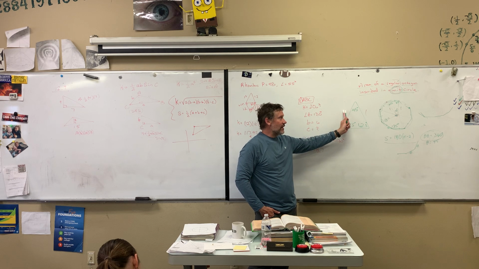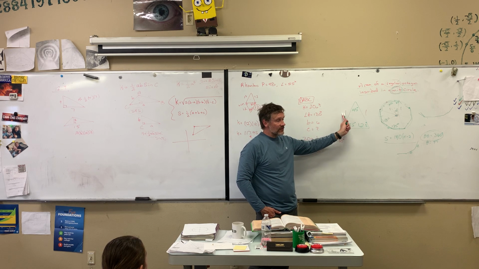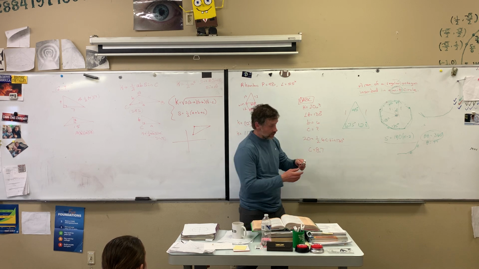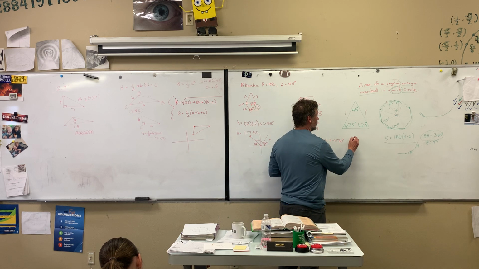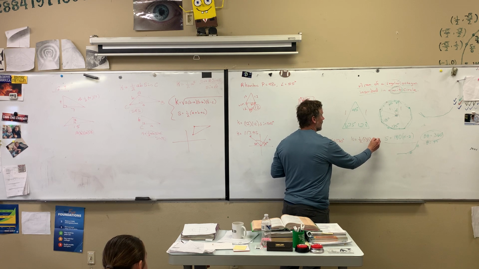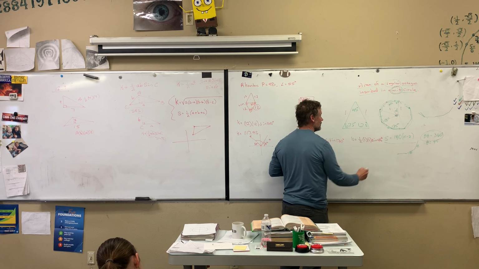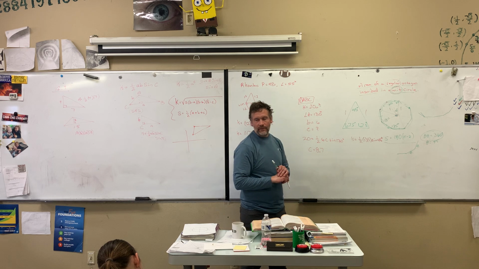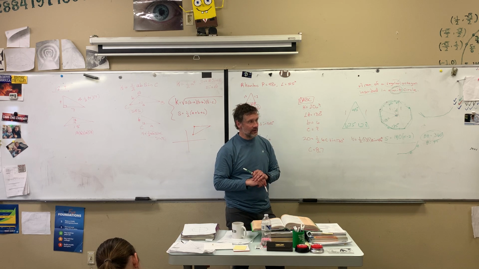So I could say, hey, SAS, side angle side. So you're going to say area is equal to 1/2 ab sine of 45 degrees. Then you're going to multiply the whole thing by 8. Okay, we'll get there.